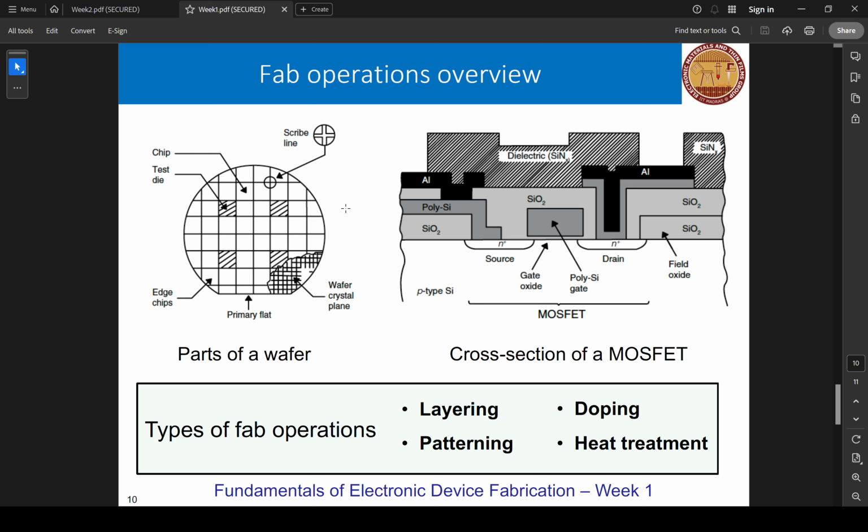When they are doing layering, when they are depositing metal to make connections, they make connections specific to only one die. For that single die they make connections, and next they make connections for the next die. There is no connection between the dies. But all this deposition, all this layering, is done everywhere.